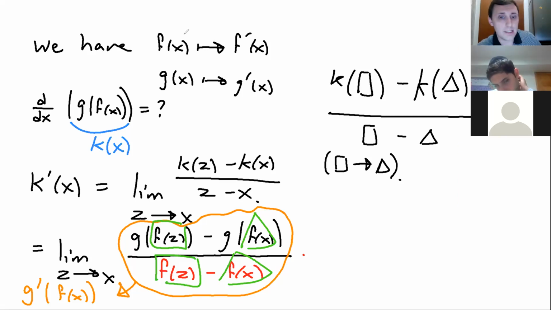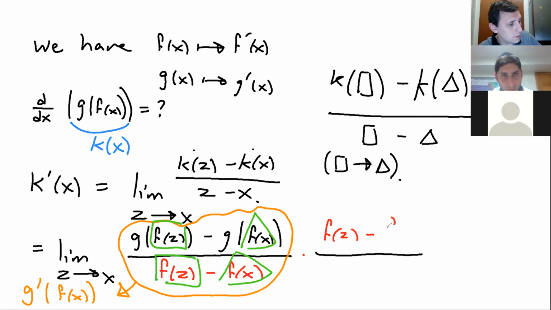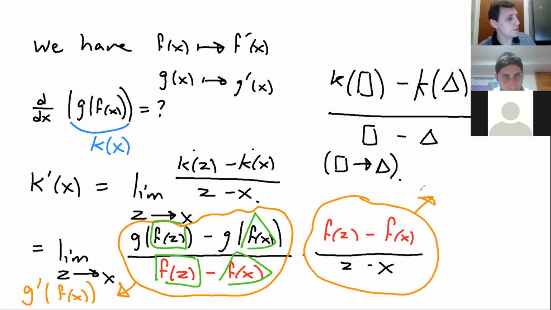So what I have here is that, of course, my original expression, look at it, there was a z minus x there, right? So I would look at it, this g of f of z minus g of f of x, it's this. Now what do I have on the numerator? I have to cancel out the f of z minus f of x, so I place them on the numerator. And on the denominator, I write z minus x. And now this approaches f prime of x.